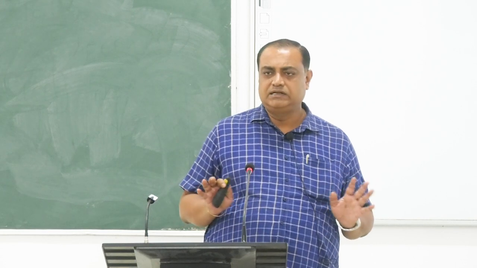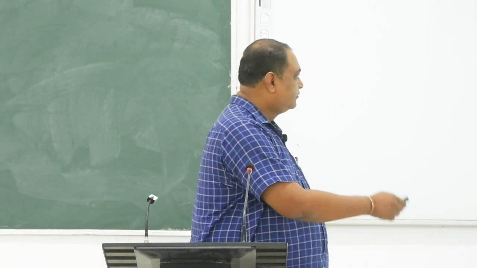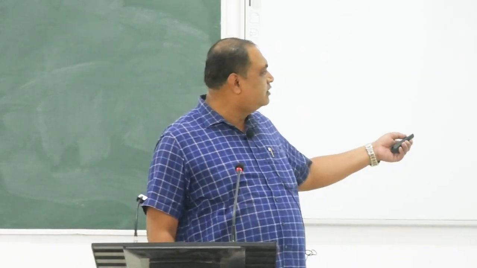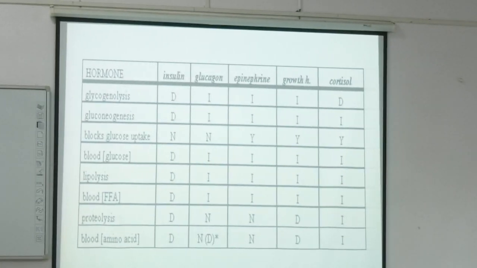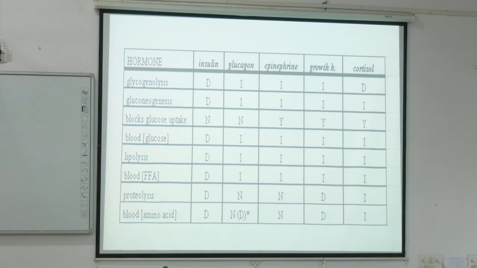Without this information, this answer will not be complete. Now this shows D and I stand for decrease or increase, and Y stands for yes, N stands for no effect. So these are the different parameters, and these are different hormones in one notice.